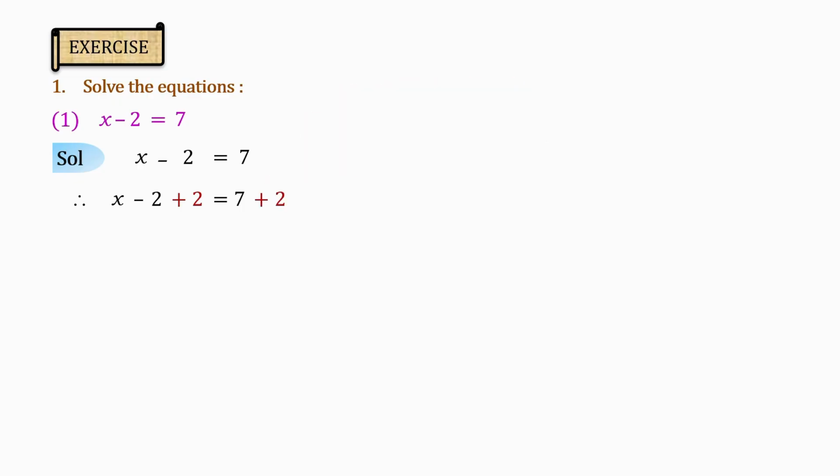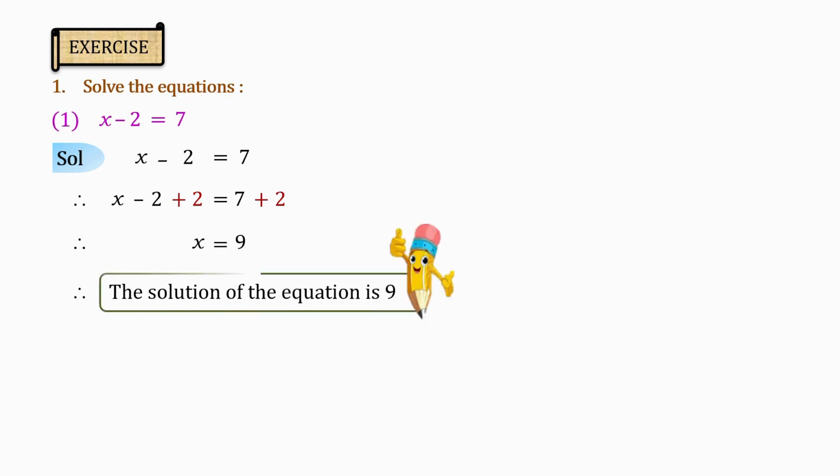Hence we are going to add plus 2 on both the sides. So 2 and 2 will be cancelled out. Hence x equal to 9. Therefore the solution of the equation is 9.